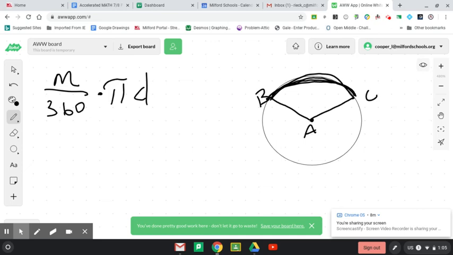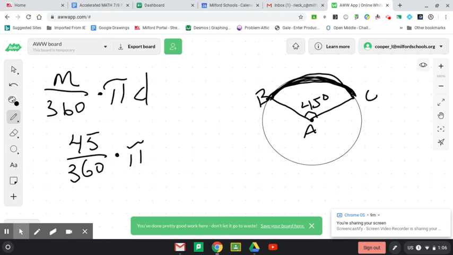The measure here is what we just talked about. It's the same as this angle. So if I said angle A measures 45 degrees, the measure of BC is 45 degrees. We're going to need that information to find the length of this arc B to C. To find the length of arc B to C, I would plug in my measure, which is the same as the angle, over 360 times pi.